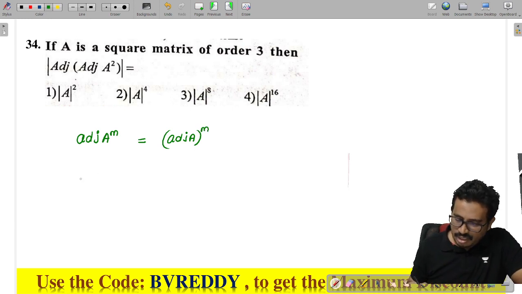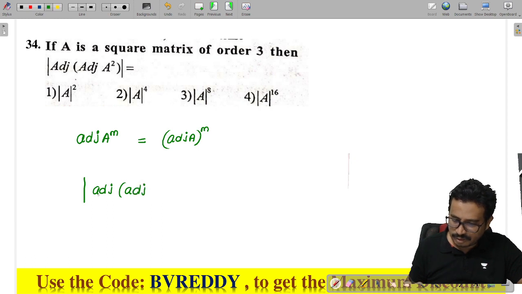And here we have the adjoint of adjoint. Let us say this is some P matrix, which is nothing but determinant of P whole power n minus 1.